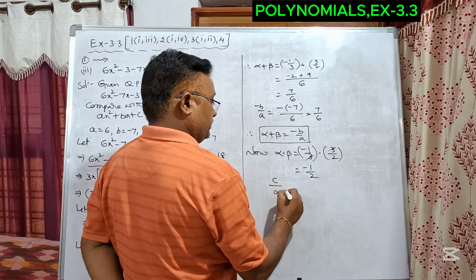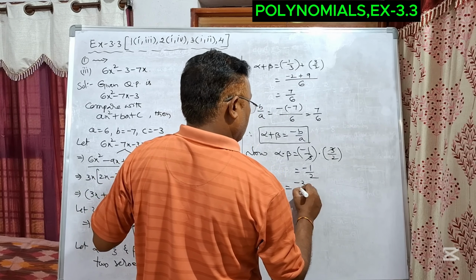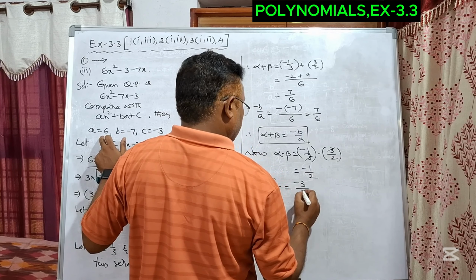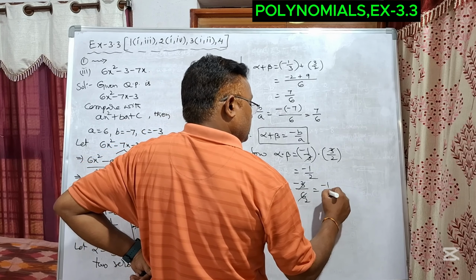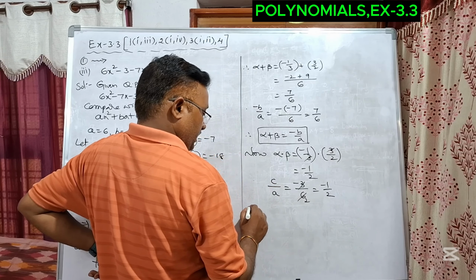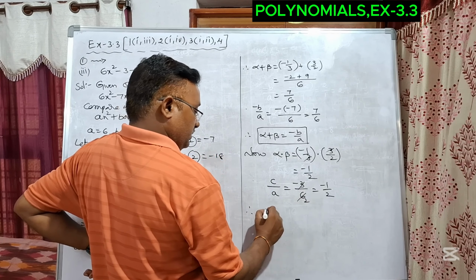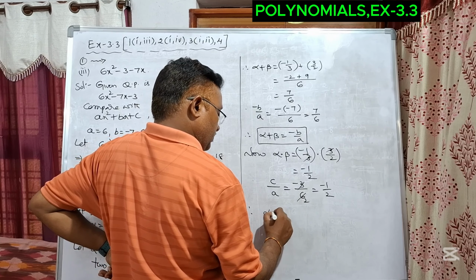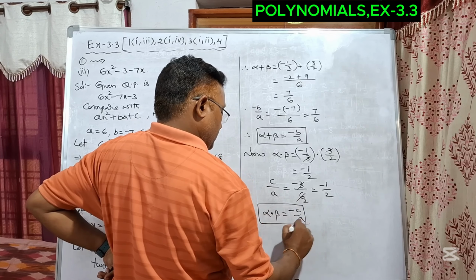Down, find out c by a value. From the coefficients, c value minus 3, by a value 6. Now cancellations: 3 times 1, 3 times 2. It remains minus 1 by 2. Therefore, we observe that alpha into beta equal to c by a. That is, the product of the zeros, alpha into beta equal to c by a, is verified.